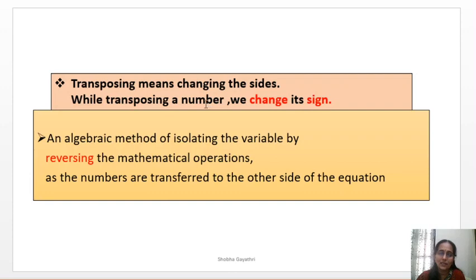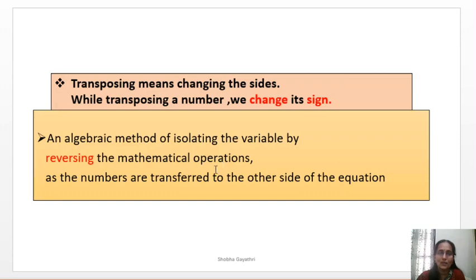In an equation, the terms are transposed to find the solution of the equation. We cannot change the side of the terms as we like. We have to follow the rules to transpose the terms of the equation. So we will learn the rules, then we will find the solution of the equation.